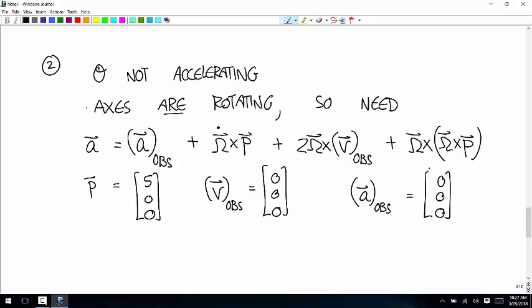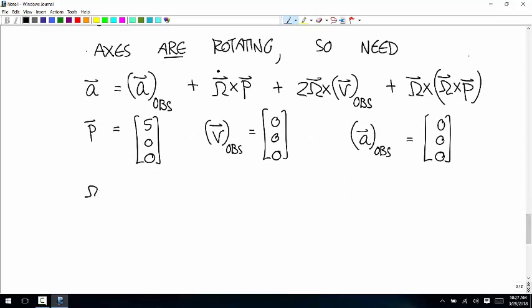The arm is moving with an angular velocity of 0, 0, 3. And so that's what our coordinate system is also doing. So capital omega is equal to 0, 0, 3. And that's a constant angular velocity. And so capital omega dot is 0.